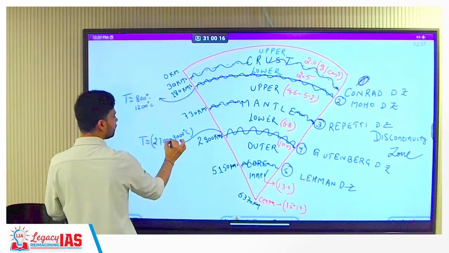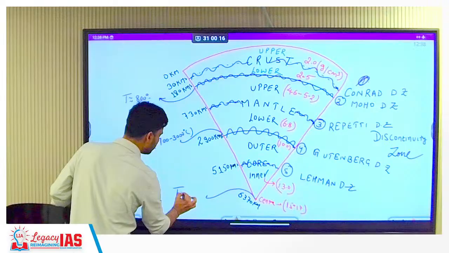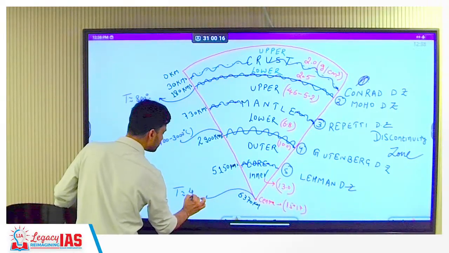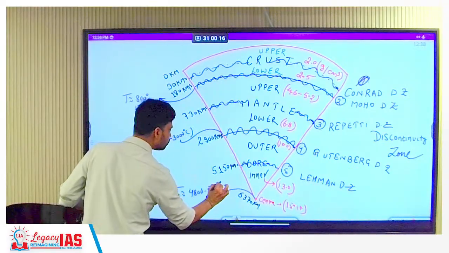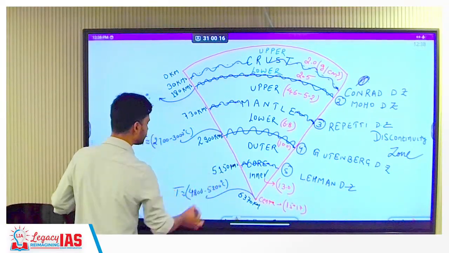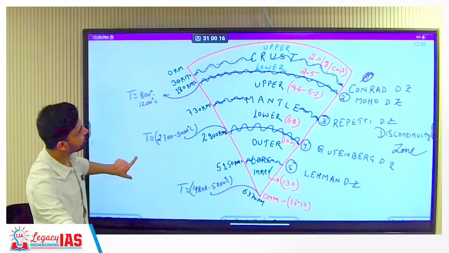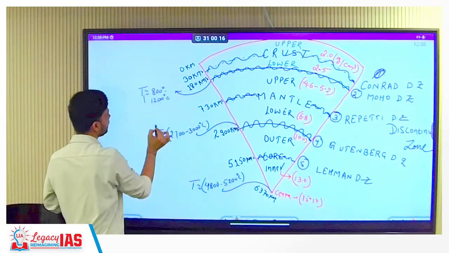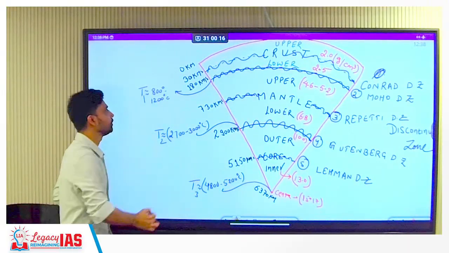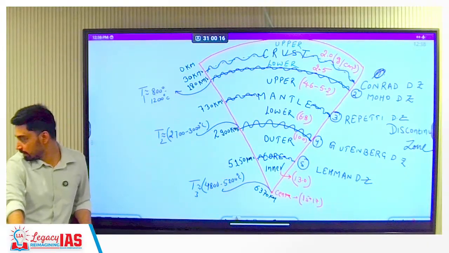And by the time we reach the center of the Earth, the temperature is anywhere in the range of 4800 to 5200 degrees Celsius. So these are the temperatures at important junctions inside the Earth. We can identify a total of 3 junctions: T1, T2, T3. Crust-mantle boundary, mantle-core boundary, and finally the Earth's center.